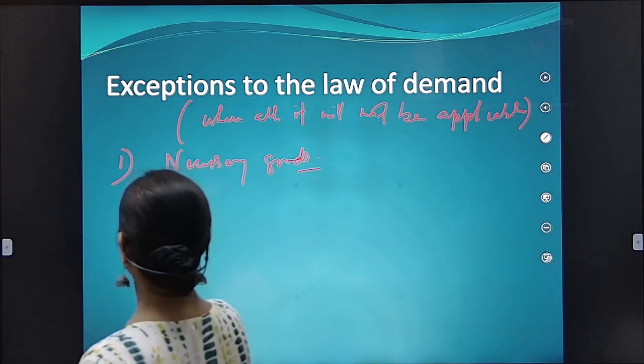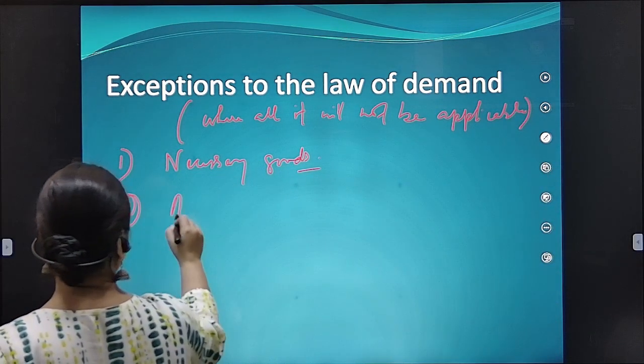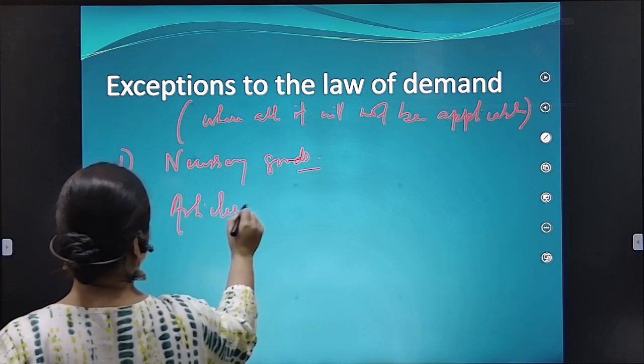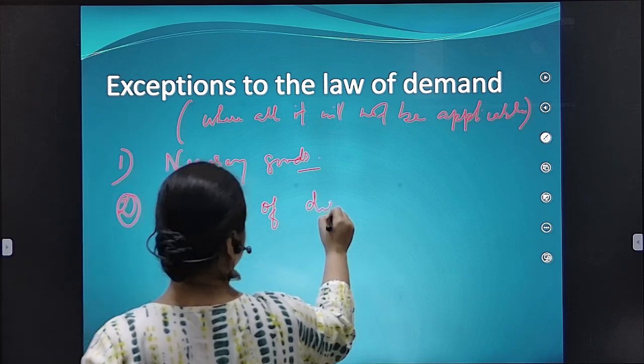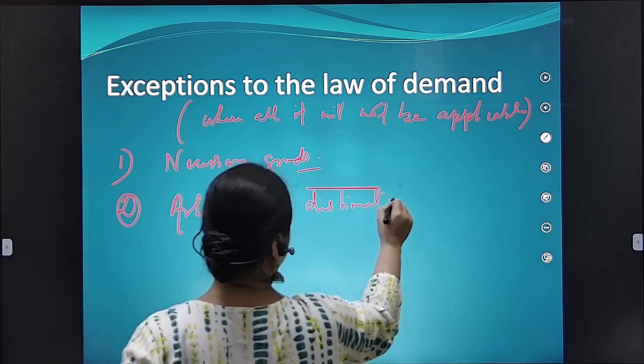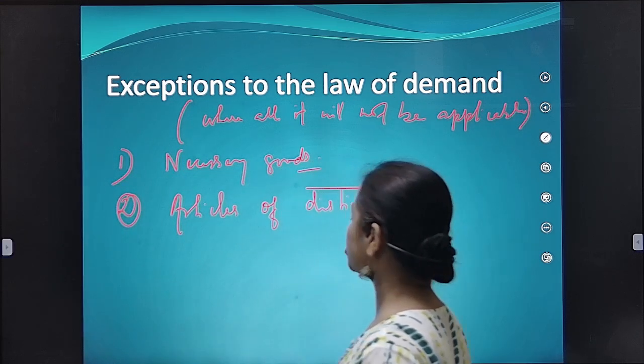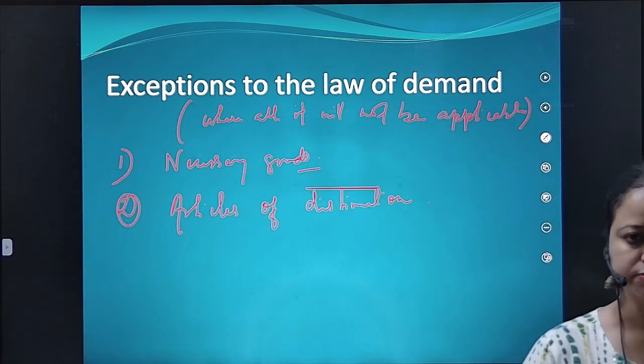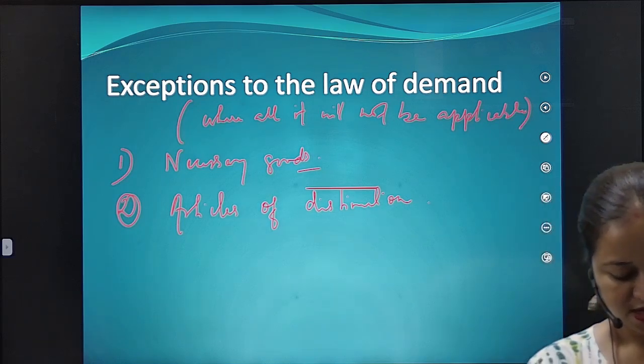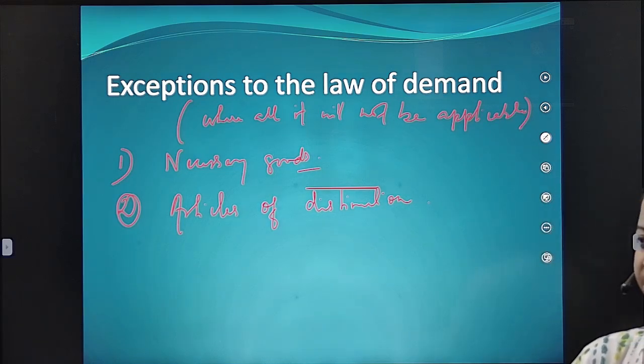Then in case of your articles of distinction, okay? There are some goods which are very extraordinary or distinctive goods, very unique goods, or we can say the antique pieces.